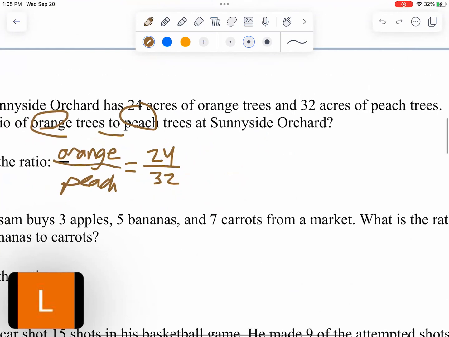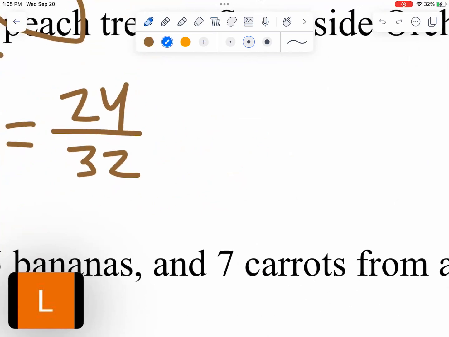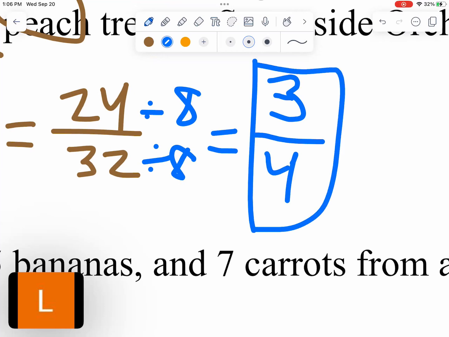Now, common factor of 24 and 32. You could have done 2 or 4, but I'm going to go with the biggest one. If you did a smaller one, you'd have to reduce it again. So I'm going to do it by 8. 24 divided by 8 is 3. 32 divided by 8 is 4. So it's a 3 to 4 ratio, orange to peach acres.